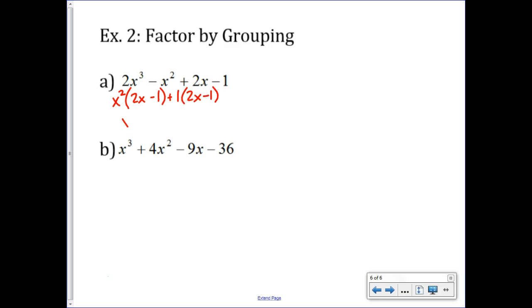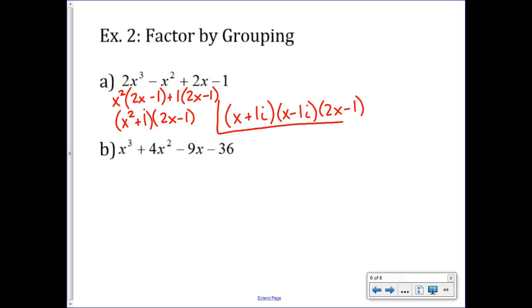So from here, x squared plus 1 times 2x minus 1. Now, we can split out that x squared plus 1 into x plus i and x minus i, and then 2x minus 1. And that will be your final answer for that one.